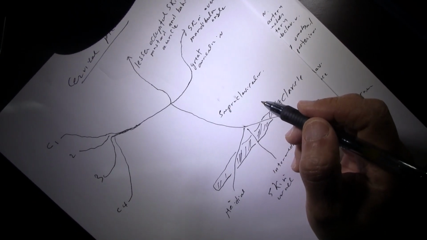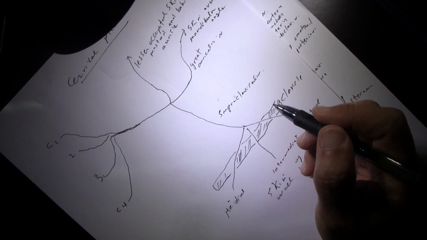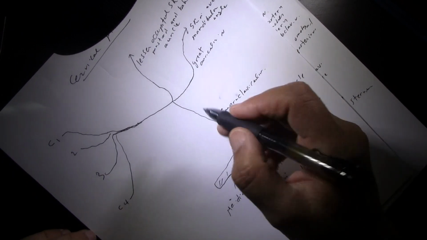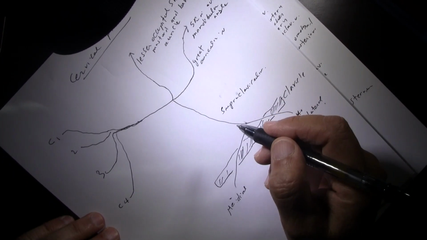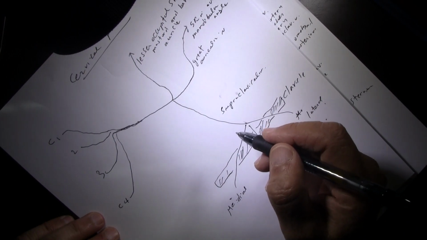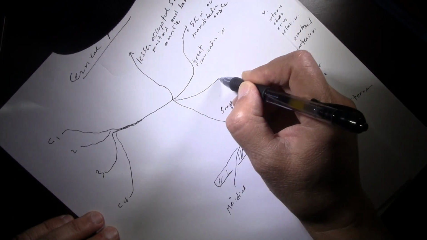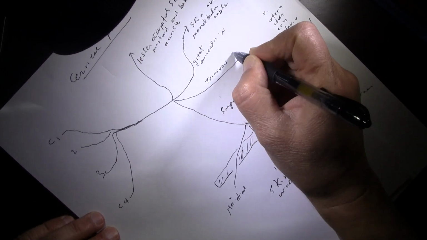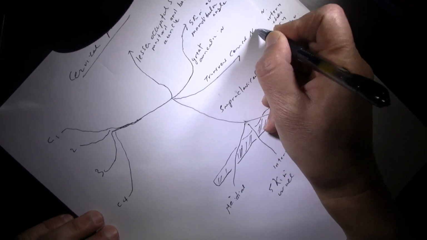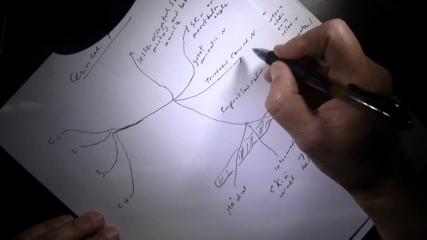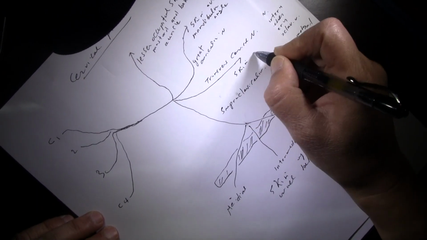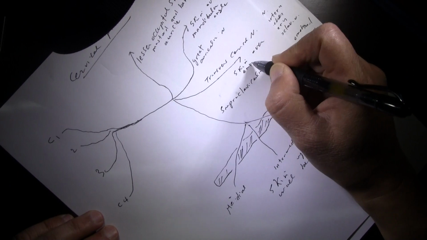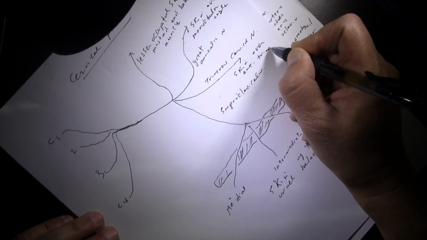then we have one last one, which is called the transverse cervical nerve. The transverse cervical nerve is going to supply skin over the anterior triangle.